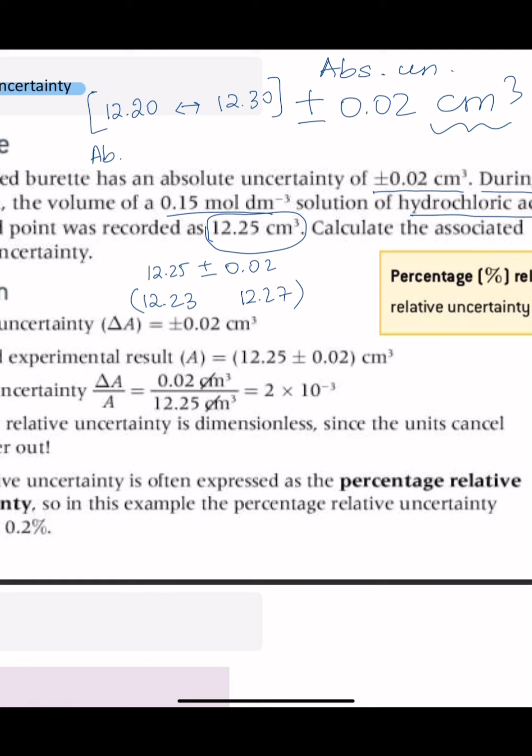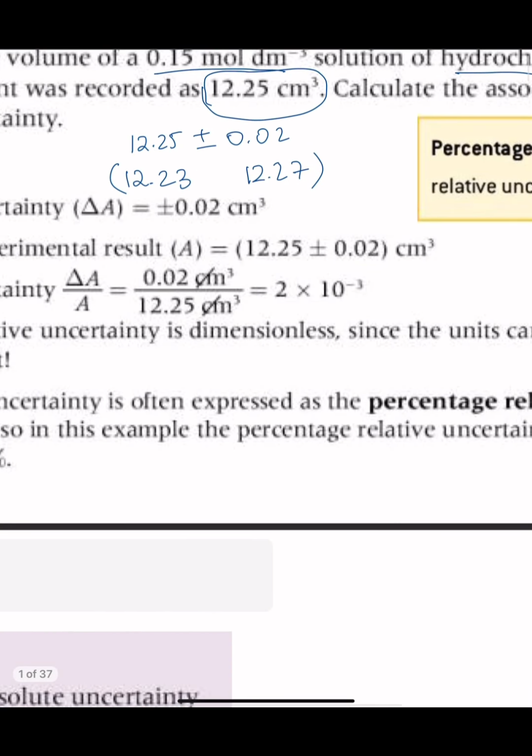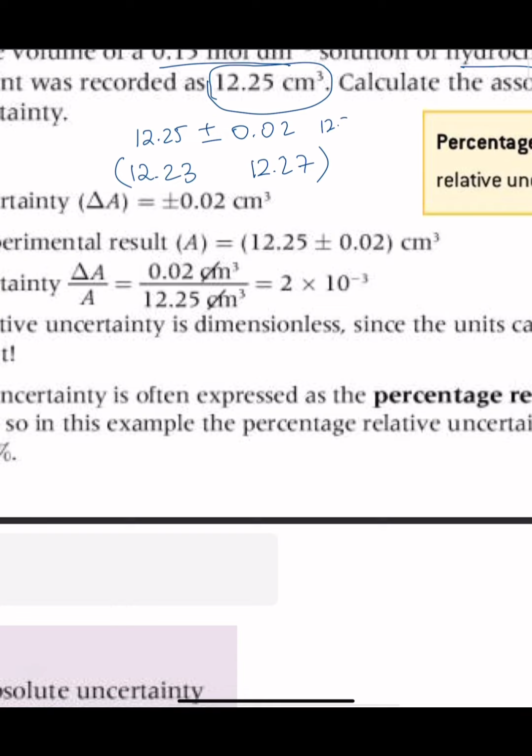You need to deduct 12.30 minus 12.20 and divide it by 2, which will give you 0.1 cm³. So this will be plus minus 0.1. In our case, we have 0.02. If you apply it here, you can see that 12.27 minus 12.23 divided by 2 gives you 0.02, which is already given to us.